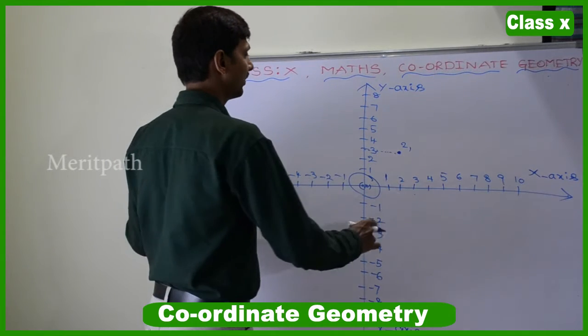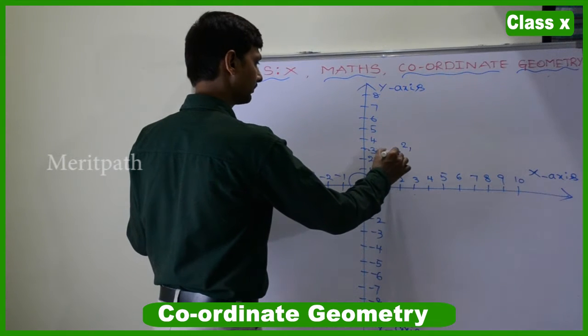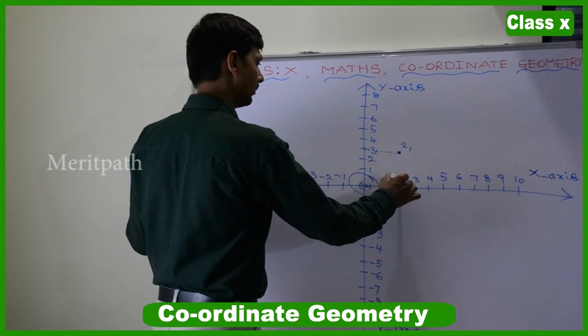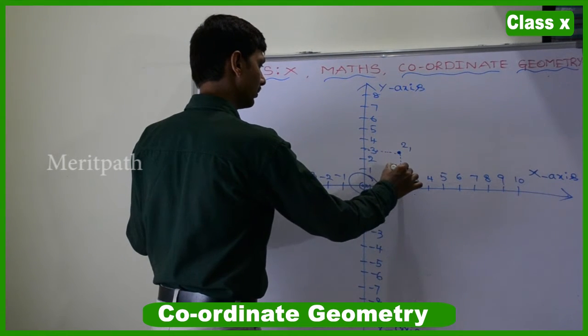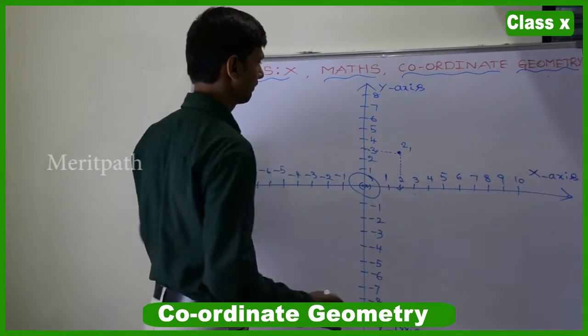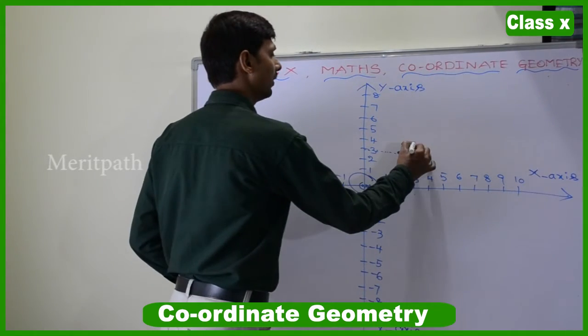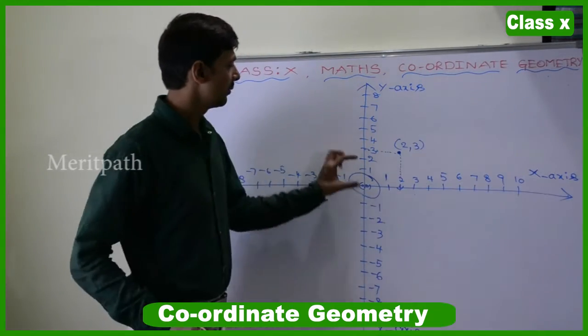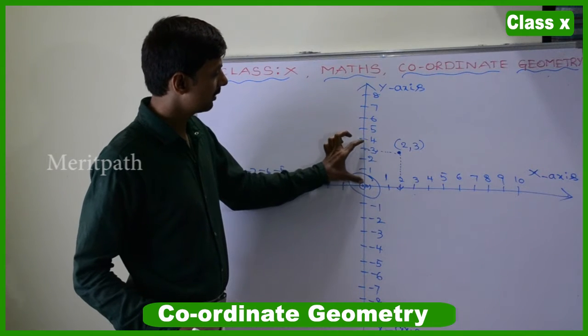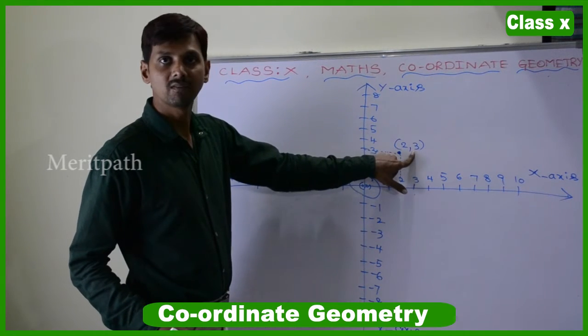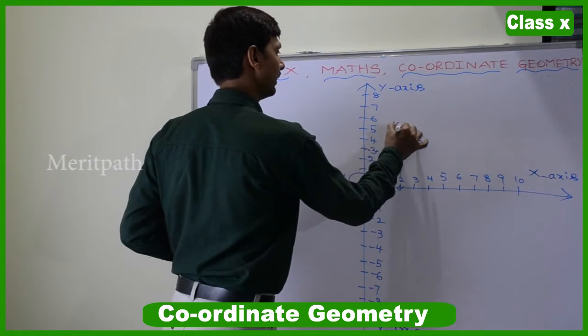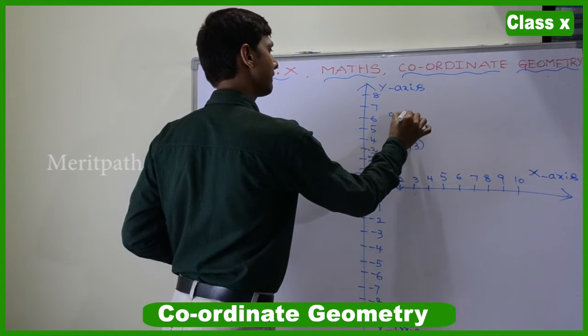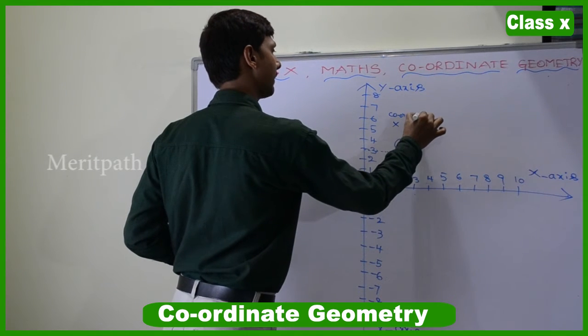Similarly, the distance of a point from the x-axis is called the y-coordinate. That is 3, because here the distance of the point from the x-axis is called the y-coordinate. This is the x-coordinate and this is the y-coordinate.